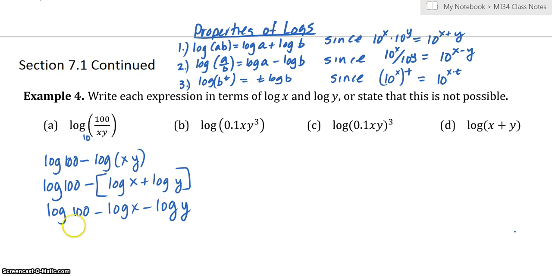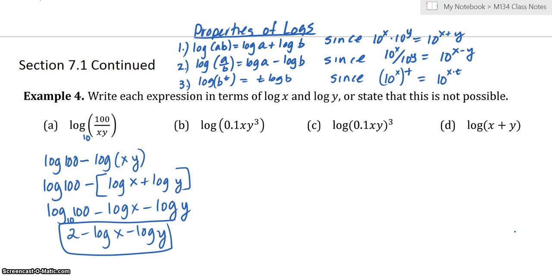You could leave it like that, but you actually could figure out log of 100 because we know that's a base 10. So again, what does this mean? This is the exponent of when we take 10 and we raise it up. What's that exponent be to get 100? Or you could just do that on your calculator, but we know that's 2. And so this would be the answer to part A.